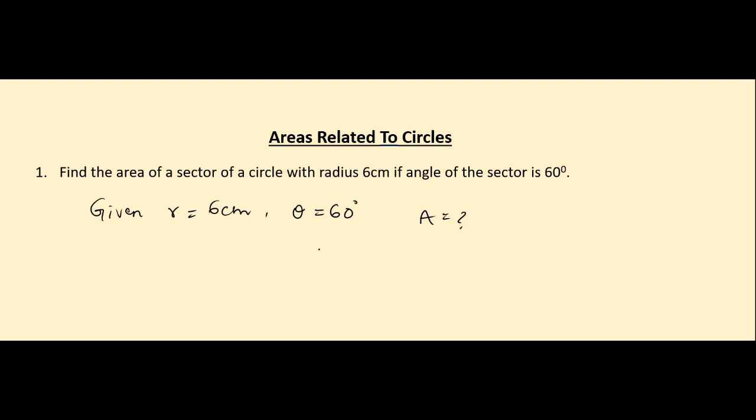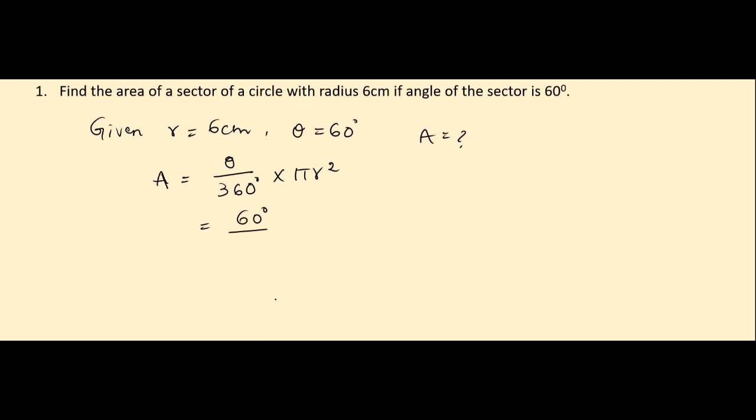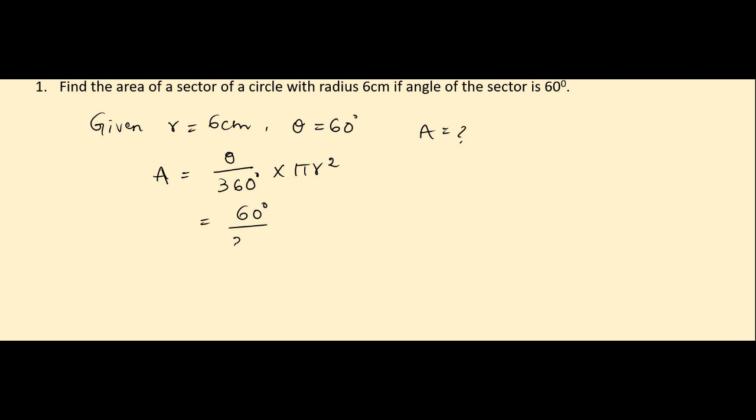A is equal to how much? We know the formula of the area of a sector, that is A is equal to theta divided by 360 degree into pi r square. Here theta is 60 degree divided by 360 degree into pi r square, where they have given the radius, that is 6 square.